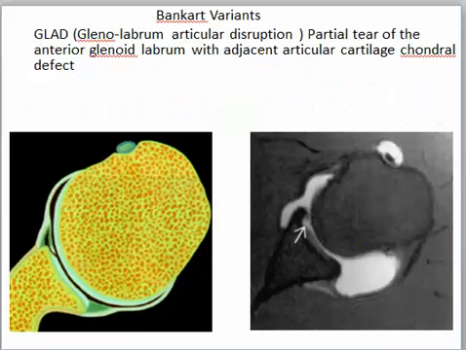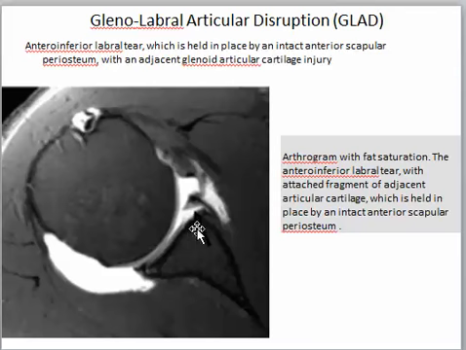And the third is the GLAD, which is not displaced, but involves part of the cartilage. And here is the image. It's involving part of the cartilage, that gray part, and the labrum is black. So this is GLAD, or the glenolabral tear.